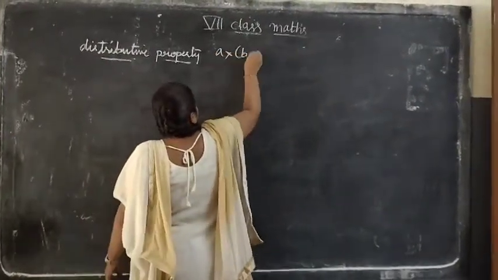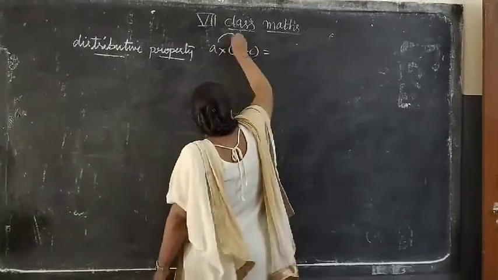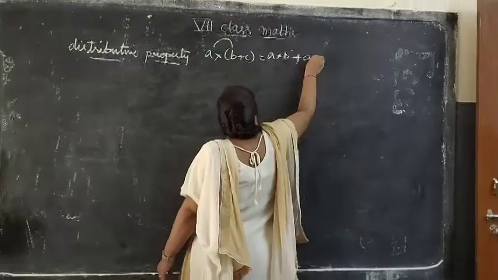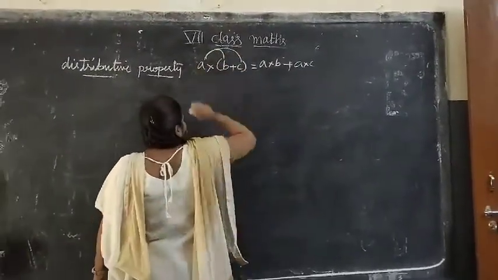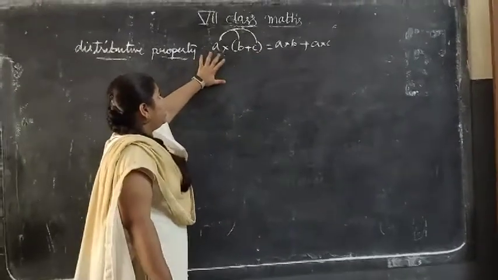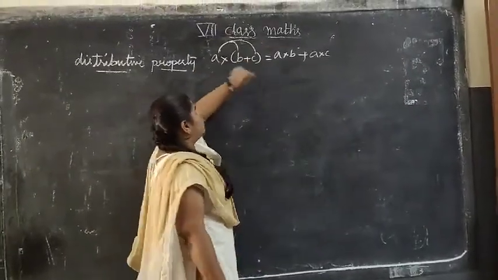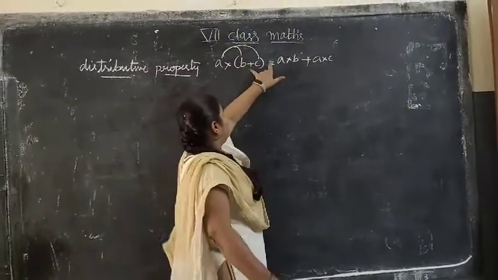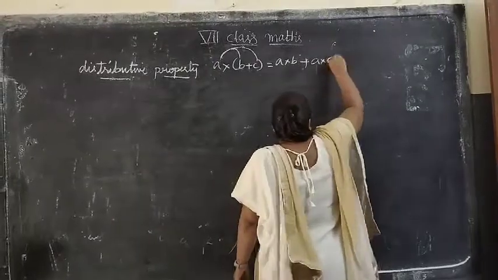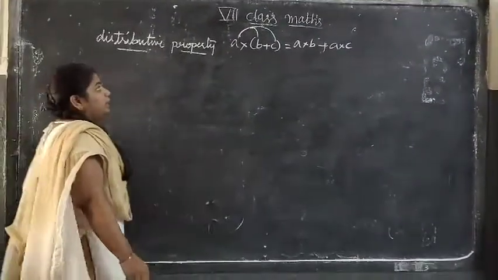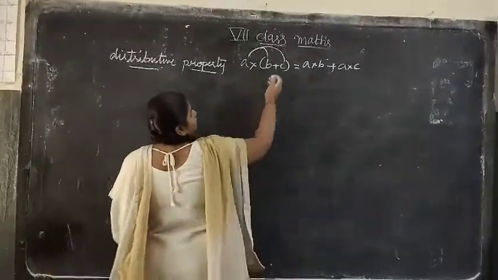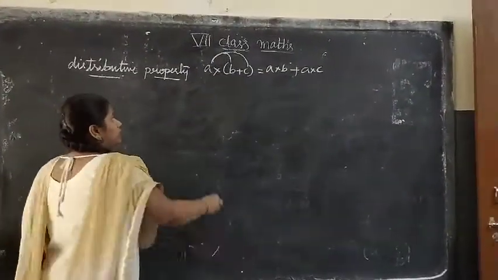A into B plus C should be equals to A into B plus A into C. With this A we are multiplying both the terms, that is B and C. So what is the distributive property? A into B plus C is equals to A into B plus A into C. This is a distributive property and multiplication over addition. So now, whether the LHS part and RHS parts are equal or not, we will see.